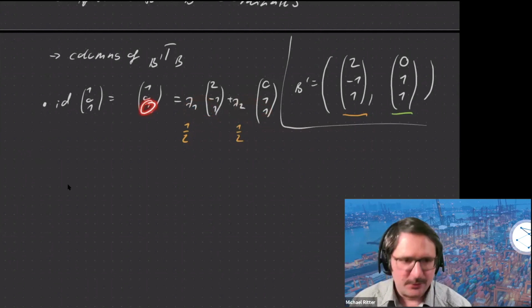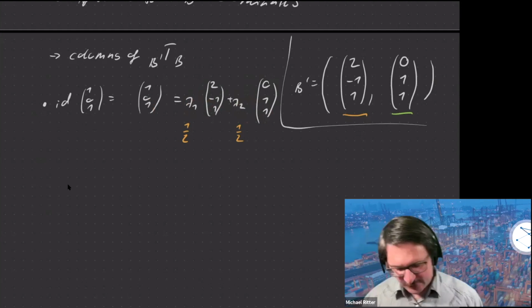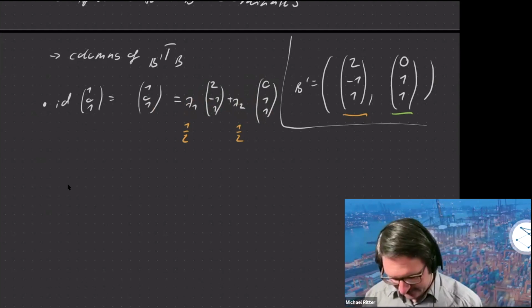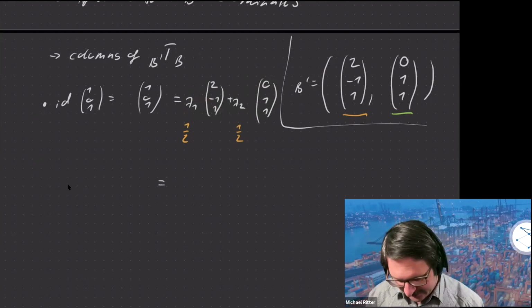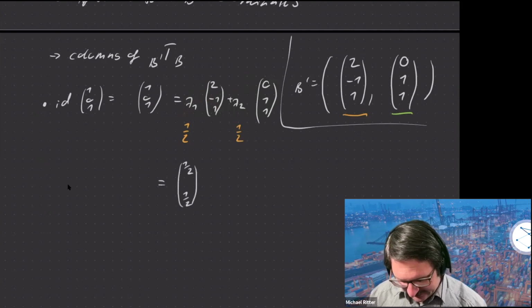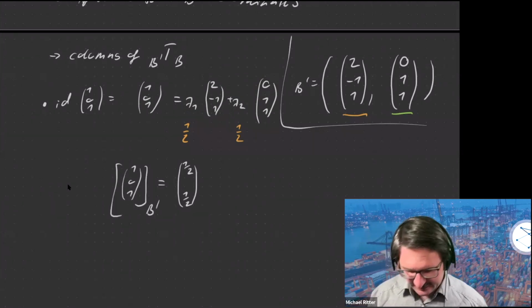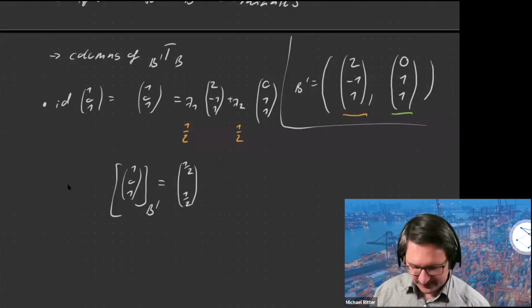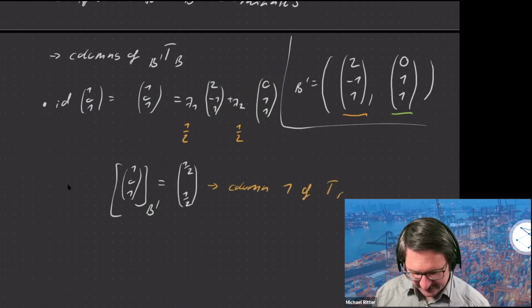And actually 1 is correct. So the coordinates here, 1 over 2, 1 over 2, yield the correct result. And that means 1 0 1 in B prime coordinates is 1 over 2 and 1 over 2. So this here is column 1 of our desired matrix.